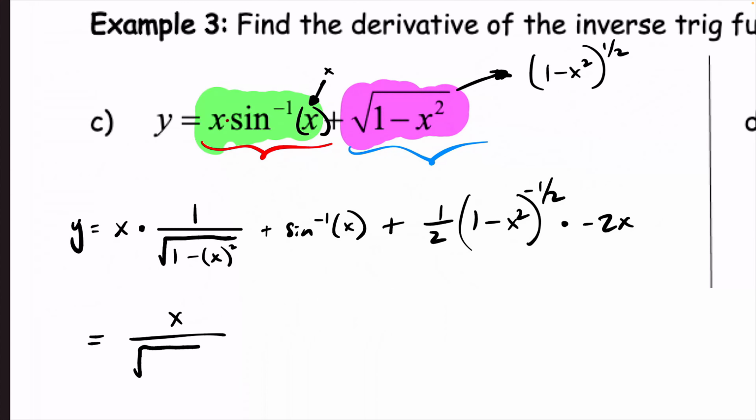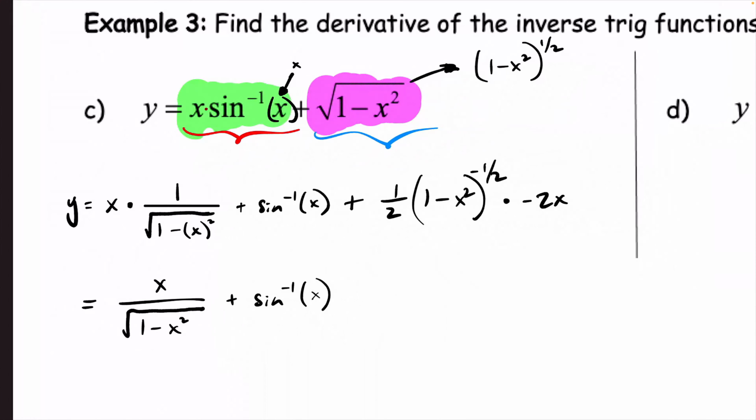But again, if it's on a multiple choice test, that answer is not going to be there because we got to clean it up a little bit. So the first one, I would just put x on top, the first term. The second term is just the inverse of sine. The last term is also going to be a fraction.